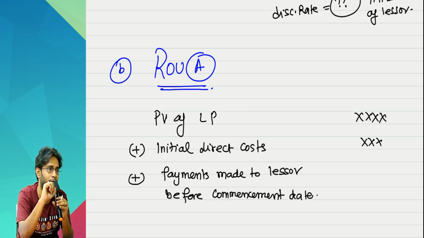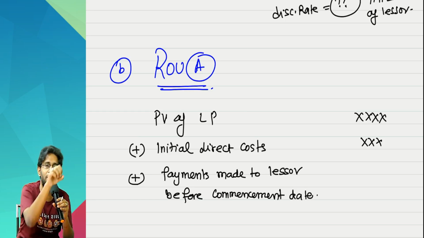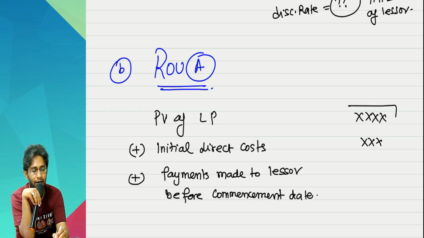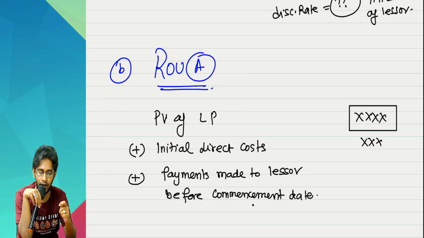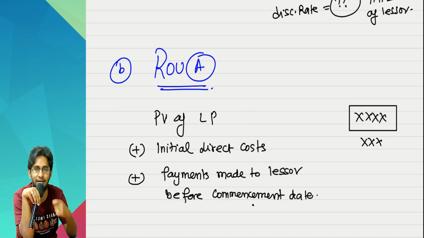Lease payment. Correct? Our lease payments' present value you already considered here. What is this one again? This is also a payment made by the lessee to the lessor only, but before the commencement date.